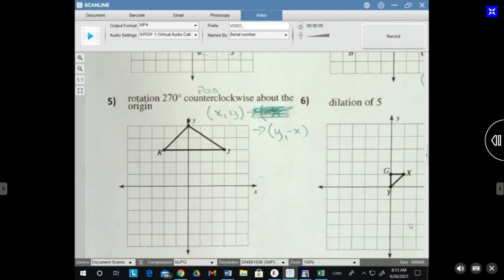Start with your coordinates and plug your coordinates into your rule and get your new ones. First, you write down what it is now. So J is where? So then your rule means J prime. So we're now going to write the coordinates. You're just going to write the black coordinates first.